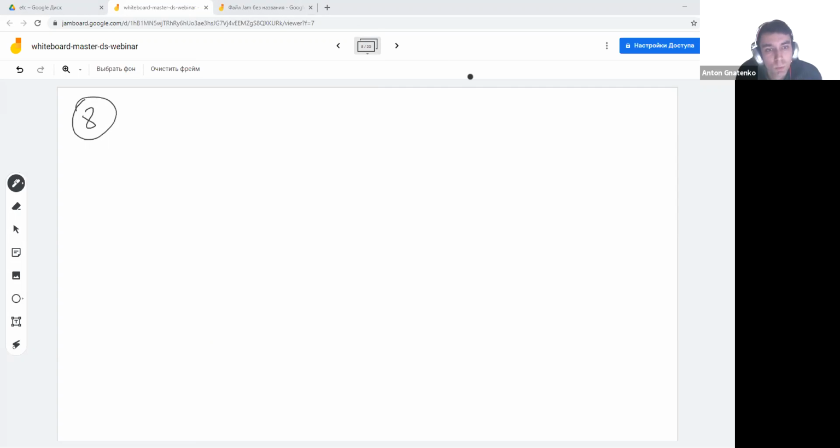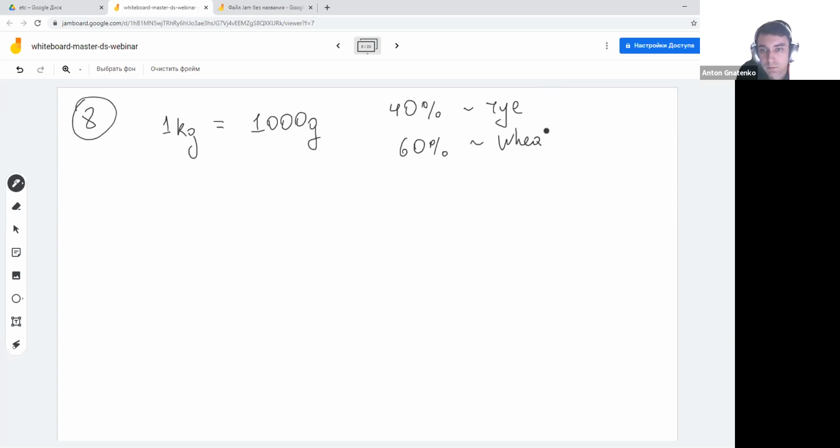In this problem, we are told that there is some mix of rye and wheat. 1 kilogram of this mix, which is 1,000 grams, consists 40% of rye and 60% of wheat.